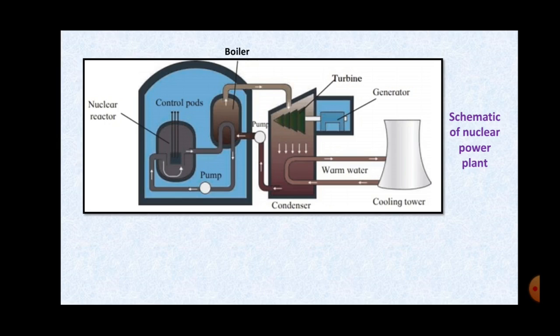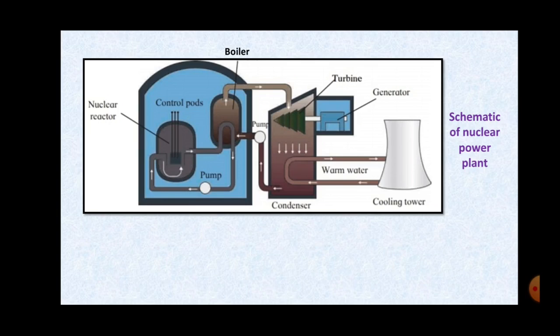So here the nuclear reactor is used, in which the nuclear fission takes place. Neutrons are bombarded over the uranium-235. It converts into its isotope, uranium-236. It breaks up into krypton and barium, and three neutrons are released. So in this nuclear reactor, the nuclear atomic energy is released, which heats the water and converts it into steam.